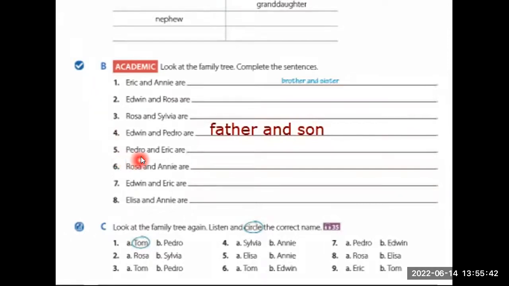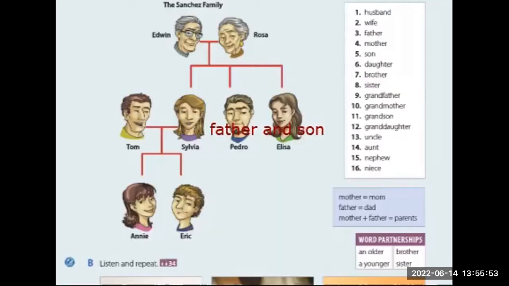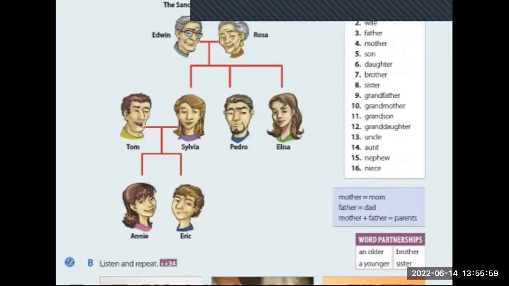Number 5, Pedro and Eric are. All right, let's go have a look at Pedro and Eric. Need to erase this. Okay. So here's Pedro and here's Eric.